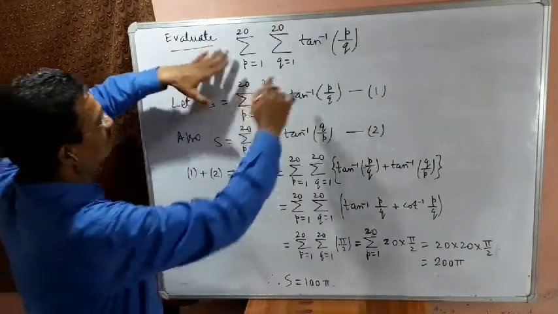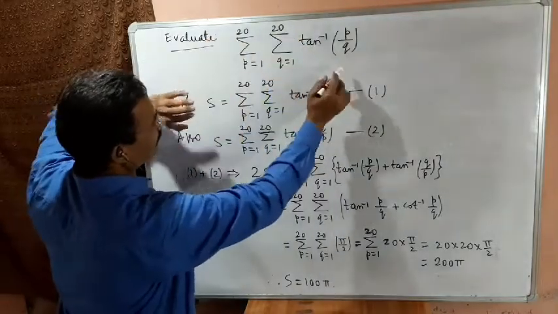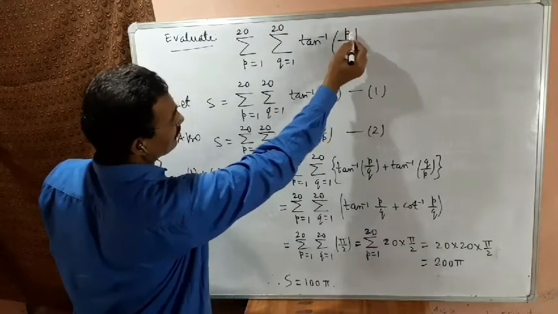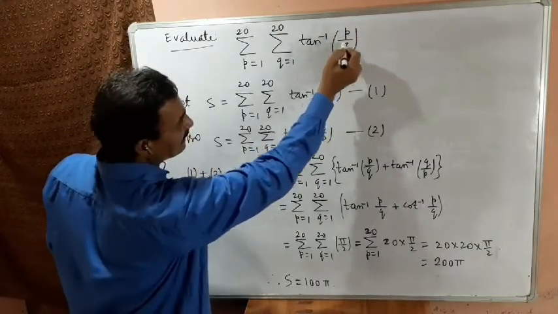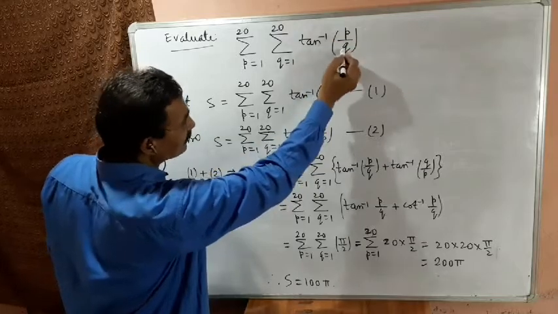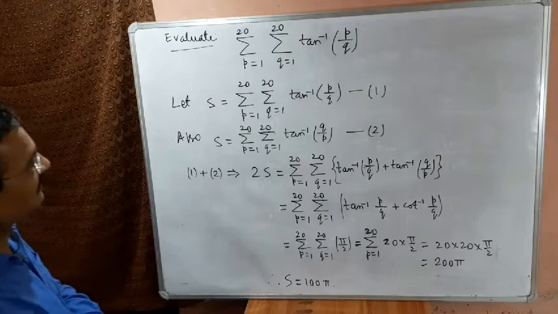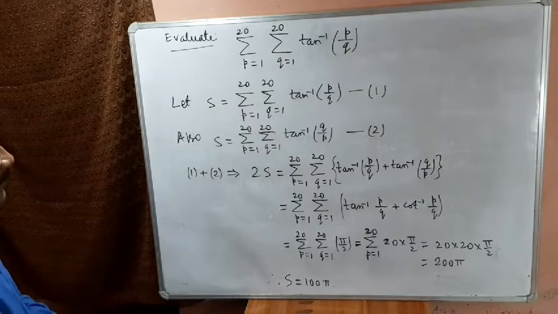Even with the same limits, if instead of P by Q there were P by 3Q, P by 2Q or 3P by 2Q, then P and Q could not be interchanged. I think this is clear.